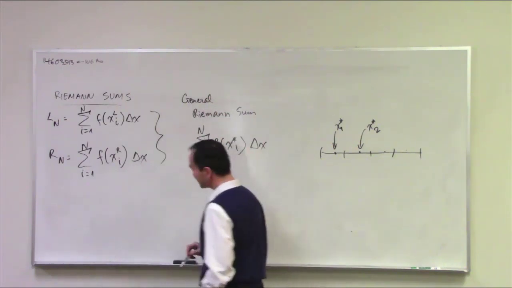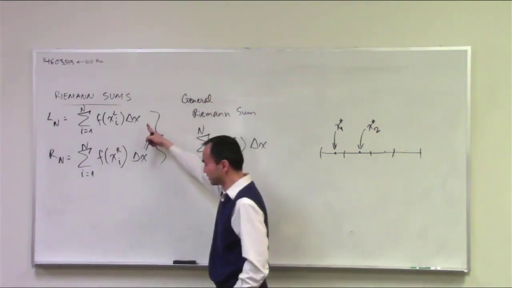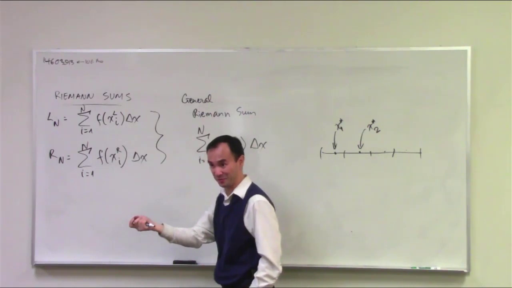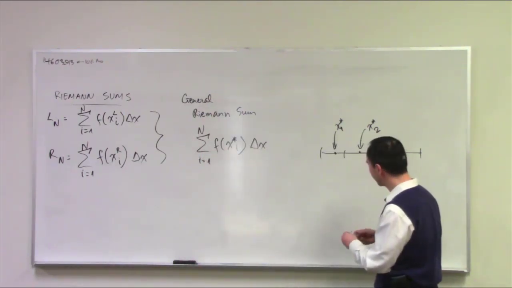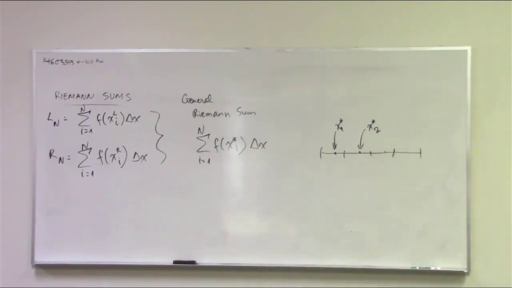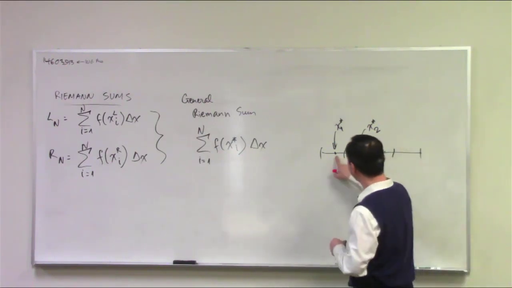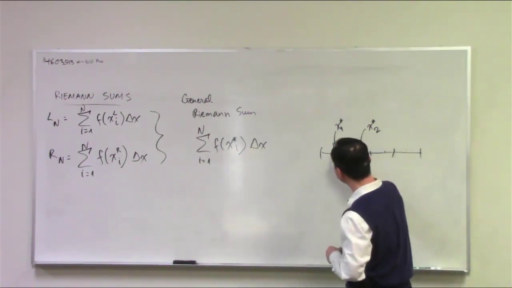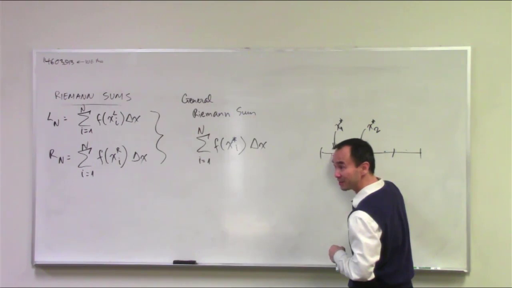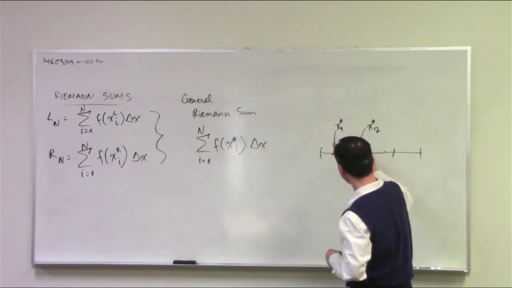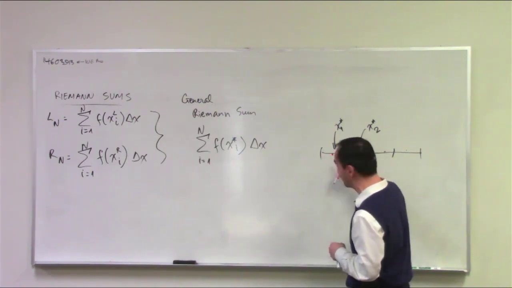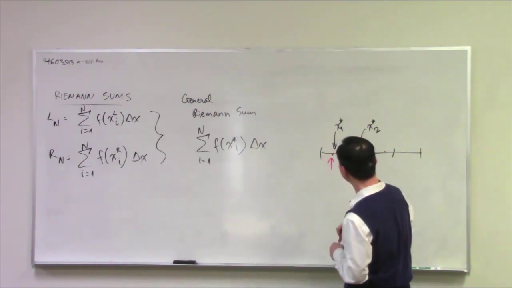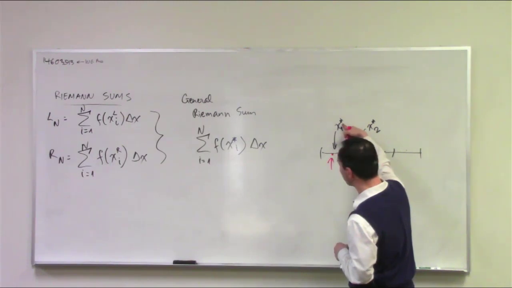So that's a general Riemann sum. But now, left endpoint, right endpoint, it's just a choice. So think about it. You have your choice to pick the sample point to be exactly in the middle. See what I'm saying now? Exactly in the middle. It works too. Instead of the left endpoint, instead of the right endpoint, instead of some point being closer to the right, we pick exactly in the middle. So that's a general sample point now.